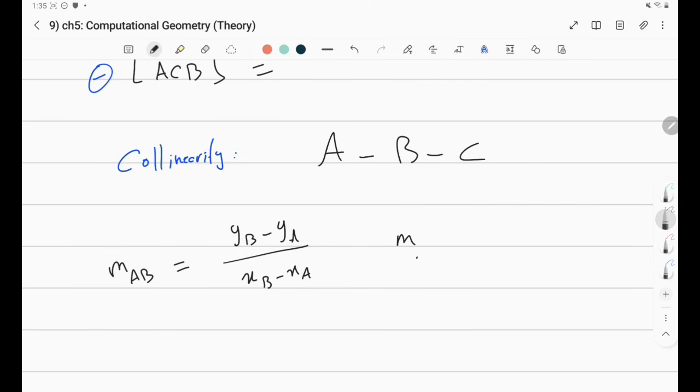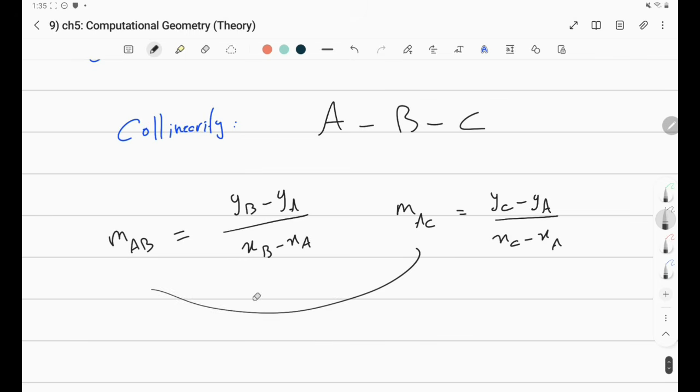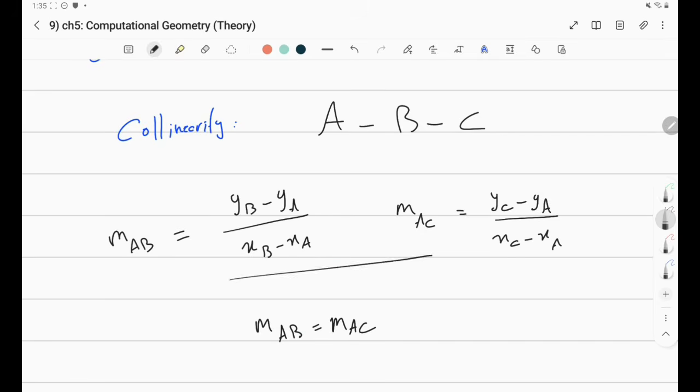And then you figure out MAC, which is just YC minus YA divided by XC minus XA. And then you just check that they're equal. If they're equal, then you're done, because they are parallel, and if they are parallel and they share A, then they're collinear. So yeah, definitely that works.